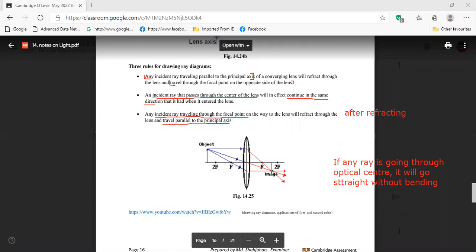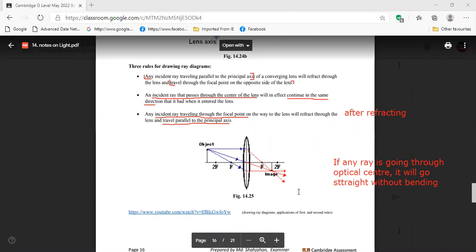Look, the object's head is giving these three rays, and these three rays join together at this point. That's why the head of the image will be here. And from there we understand the image is upside down.